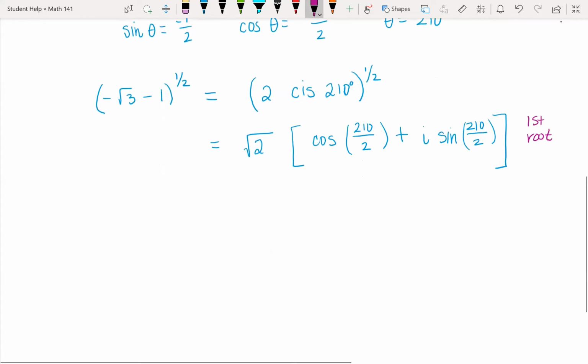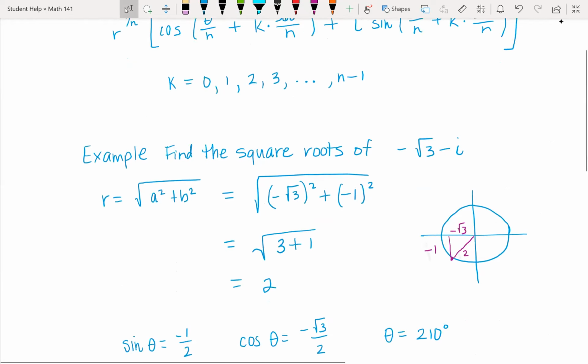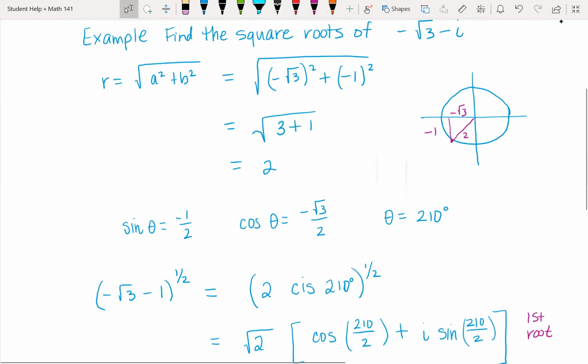The second root is going to be the same, but we're going to add 180 degrees to whatever the angle is, because we know that these two are going to be spaced 180 degrees apart. I'm just showing you the systematic way to find the angles rather than plugging in k = 0 and k = 1 in this case.